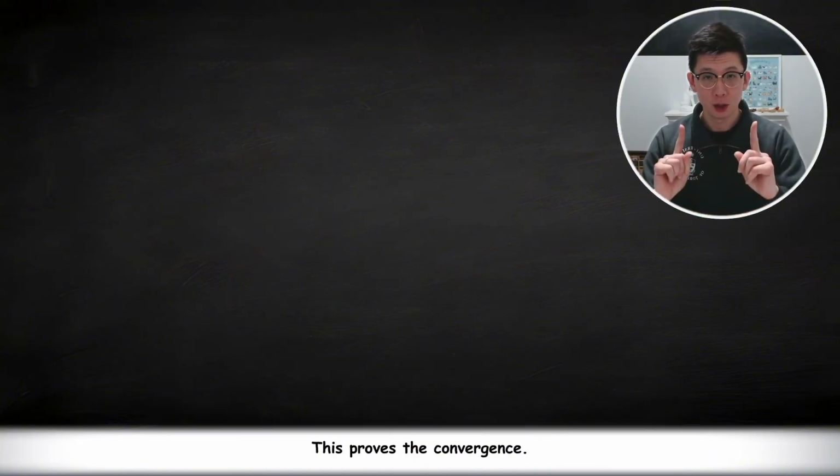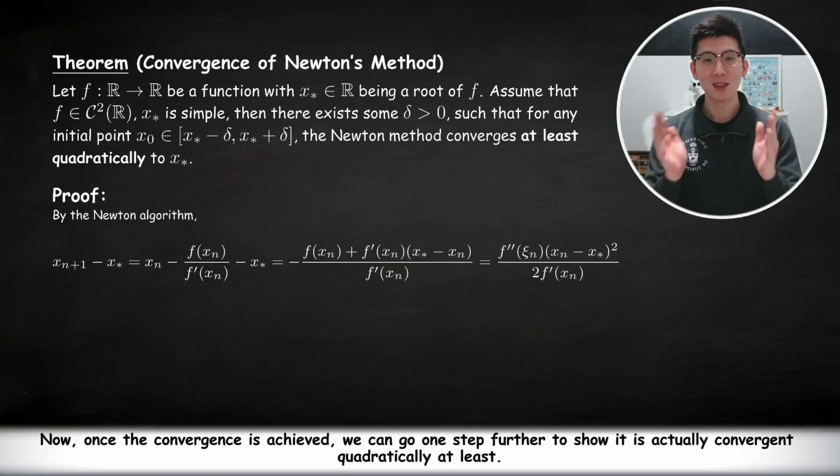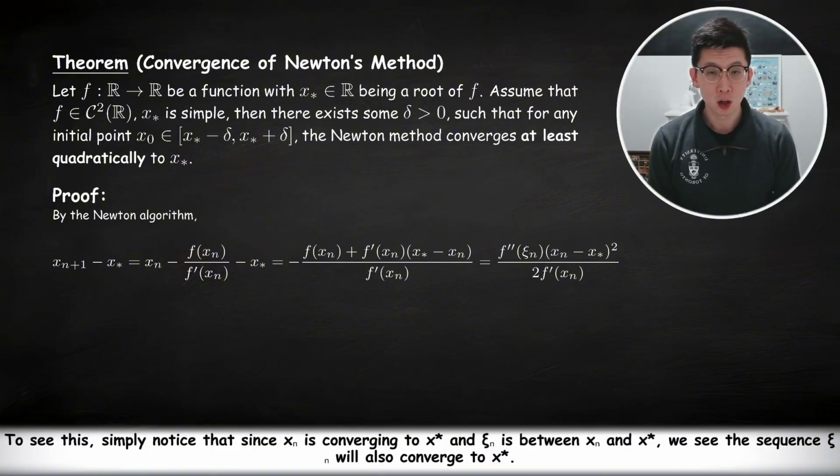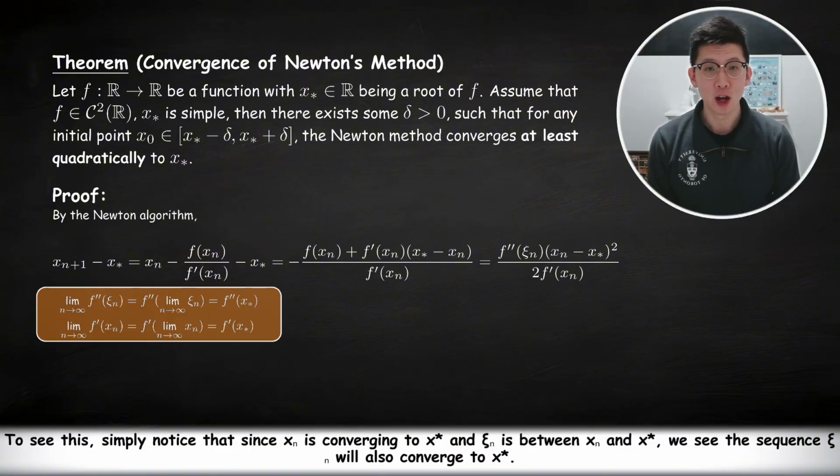This proves the convergence. Now, once the convergence is achieved, we can go one step further to show it is actually convergent at least quadratically. To see this, simply notice that since x_n is converging to x star, and c_n is between x_n and x star, the sequence c_n will also converge to x star.